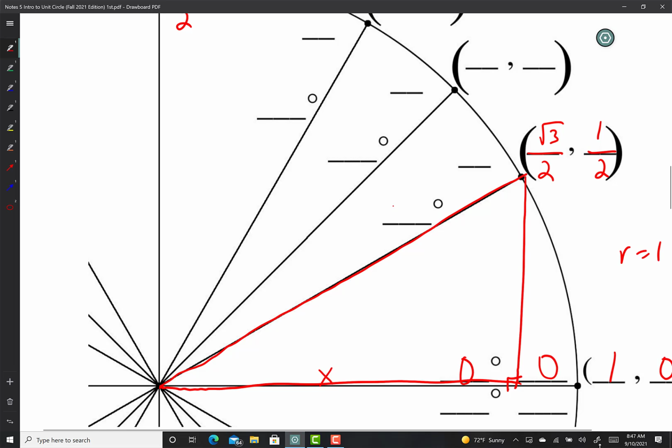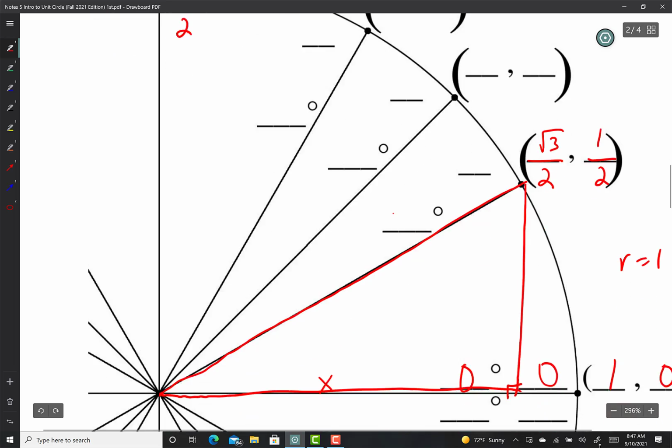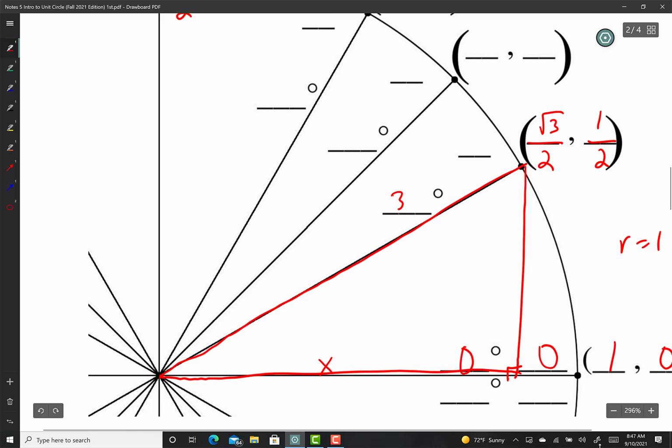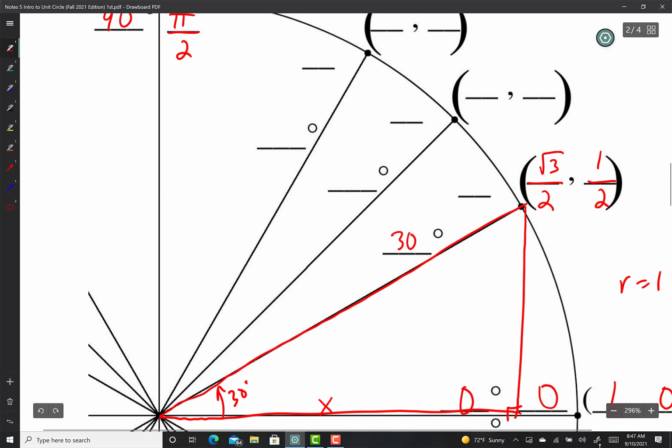So is there another 30, 60, 90 triangle in here? Yes, there is. I'm going to label that 30 degrees now. That's what's really 30 degrees here. There's another 30, 60, 90 triangle. I'm going to do it in red because it's the same triangle. Let me erase that x there.